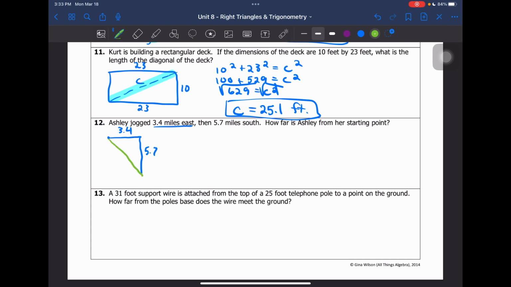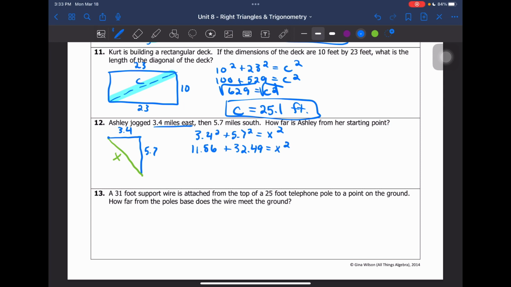And we want to know how far she is from her starting point. So this is like our x. We can just do the same thing that we did in the previous problem. We can do 3.4 squared plus 5.7 squared equals x squared. 3.4 squared, we would need to type that in, and 5.7 squared is 32.49.